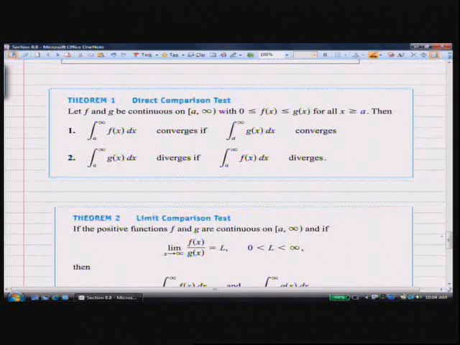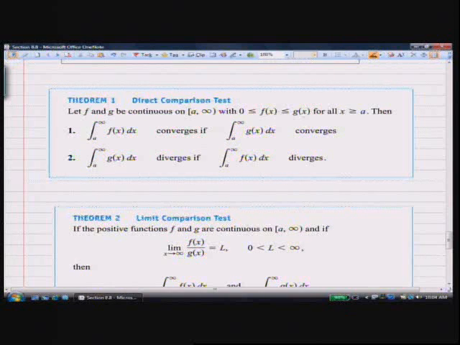But if you can't evaluate it directly, then you can try to compare it to an integral that you know does converge. If you know that one converges, and your function is always less than it, then yours would have to also converge, because if one that's bigger converges, then one that's even smaller would have to converge.